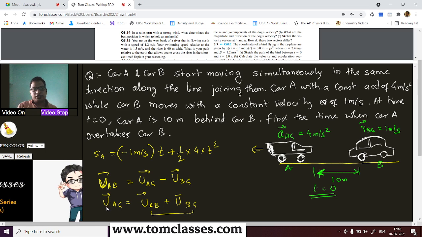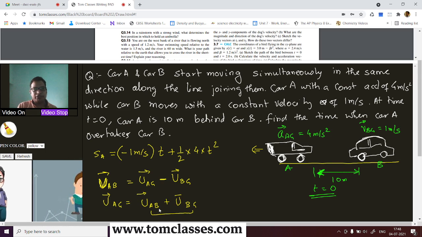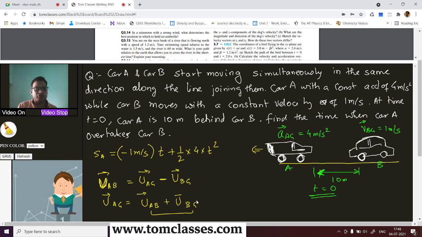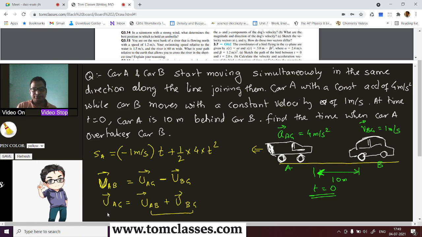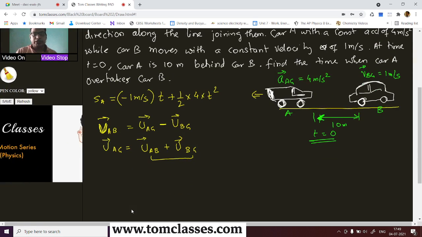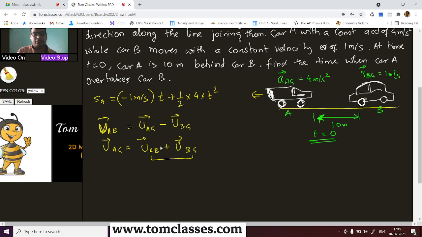So actually velocity of A with respect to ground is this, and velocity of A with respect to B is this, and velocity of B with respect to ground is this. These quantities are connected like this. So this is the connection between them.